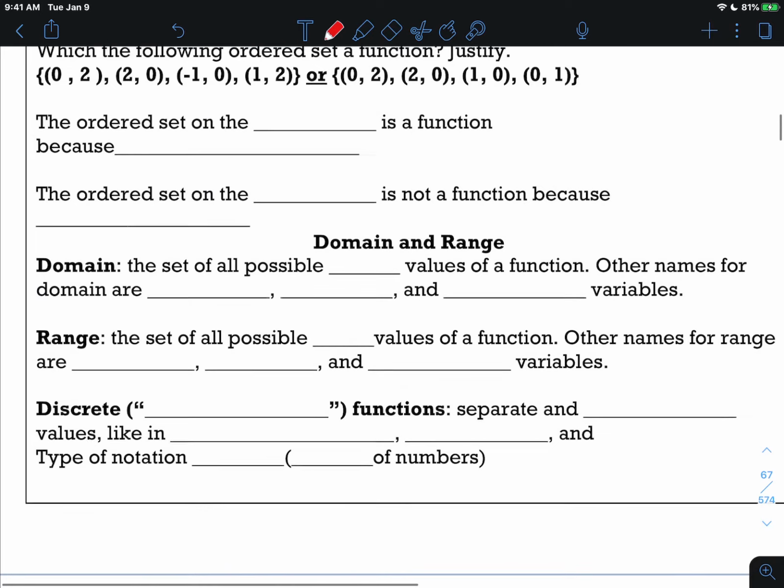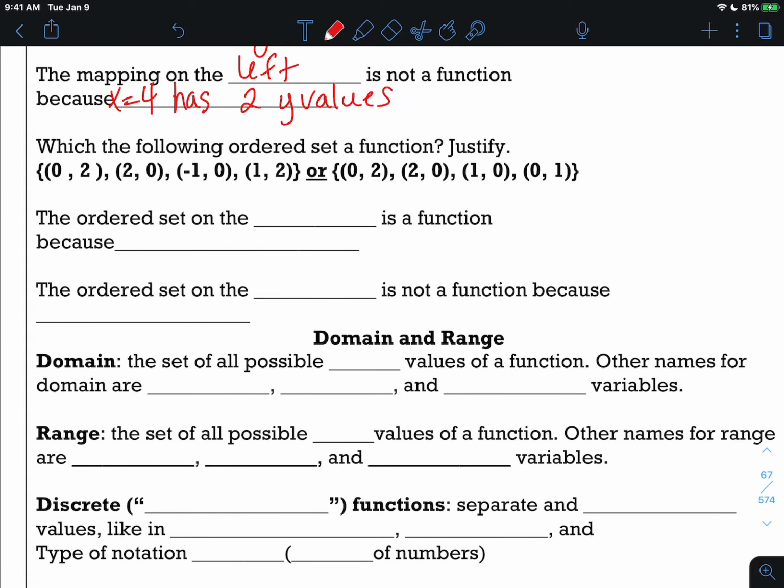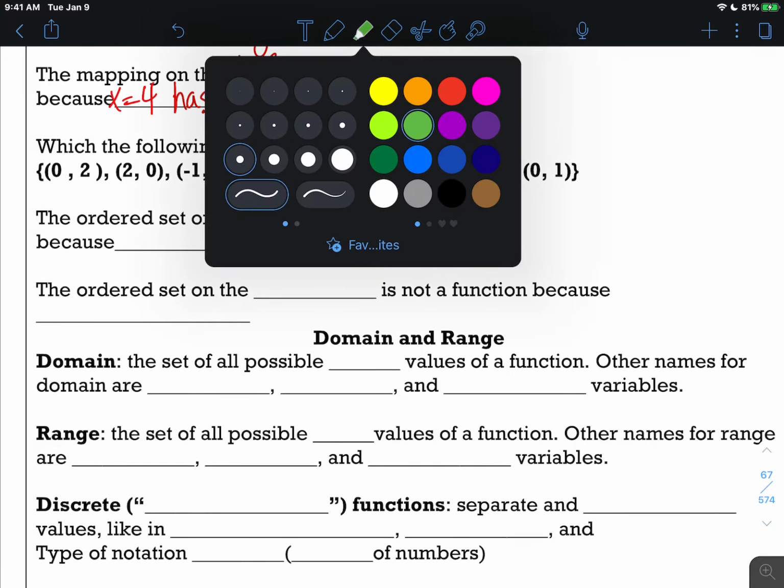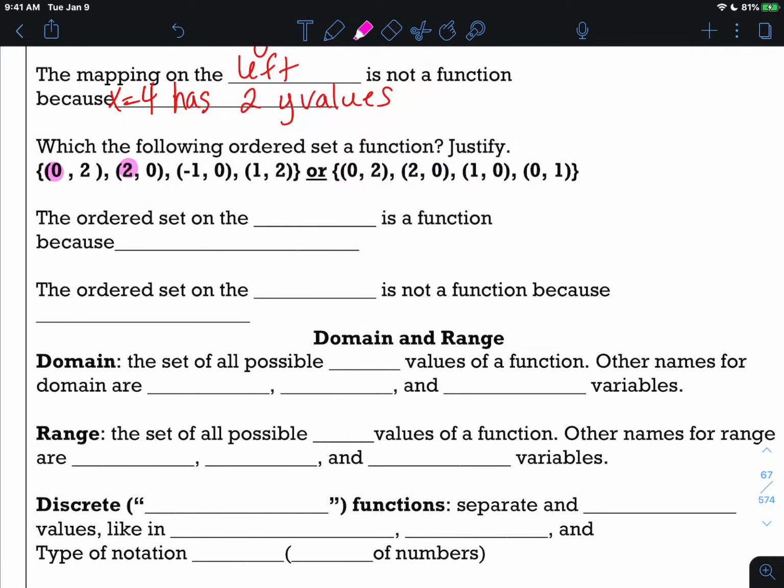Okay, so let's take a look at another example. So here's a set of ordered pairs. What I like to do is go through and just highlight all of the x's because I'm not used to really reading stuff like this. It's super confusing, okay? So I'm going to slice those in half. I'm going to look at the first set, 0, 2, -1, 1. That's a function. Okay, next one, 0, 2, 1, 0. Wait a second.